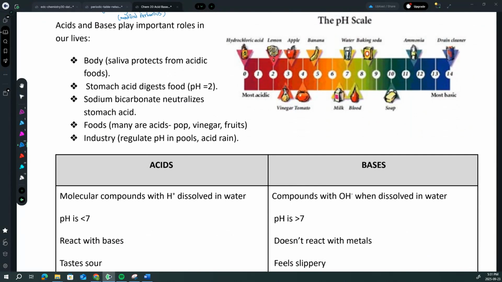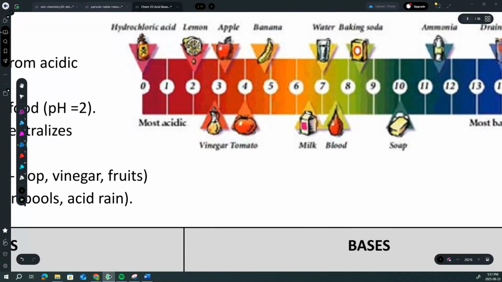Now, another example of the pH of substances being important would be the pH of blood. So blood typically has a pH of 7.4.